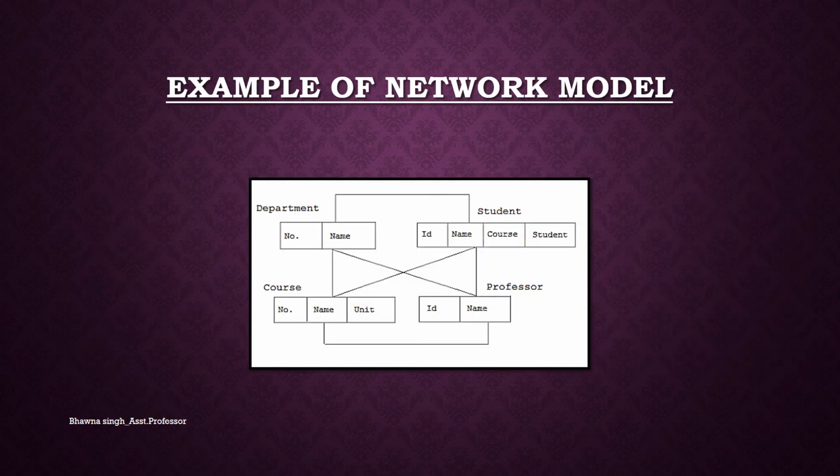Now let us understand the concept of the network model with this simple example. As you can see, we have four entities: department, student, professor and course, and the diagram shows that all these entities are related to one another. If we want to know the details of a professor, we can easily traverse with the help of the department table, and get to know which students are enrolled for which department, or which student is enrolled for which course.